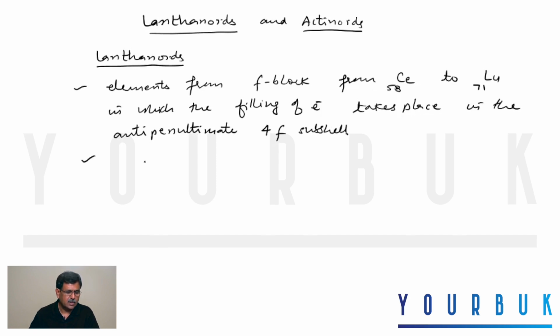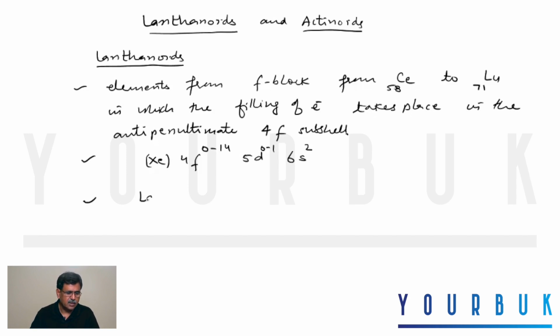Now the valence electronic configuration of the lanthanoids is xenon 4f 0 to 14, 5d 0 to 1, and 6s 2. Some books also include lanthanum along with lanthanoids in the F block.